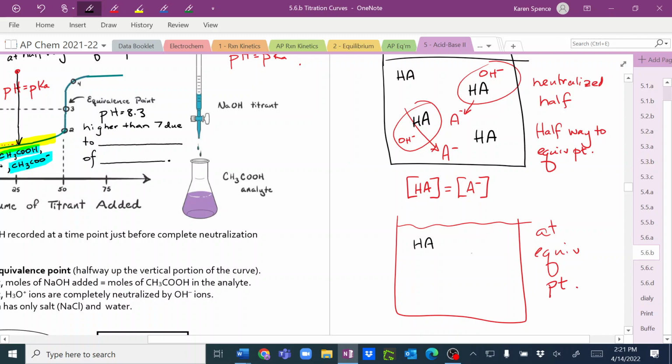Everything has turned into A minus, which in this case is CH3COO minus.